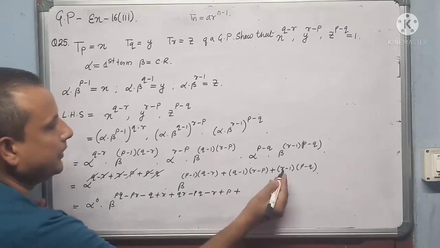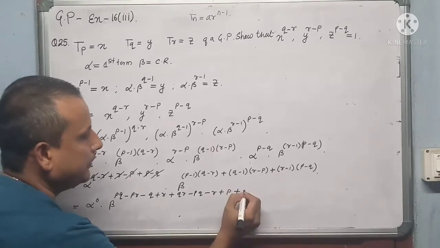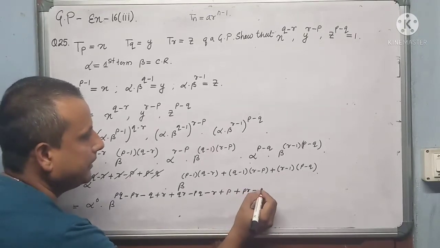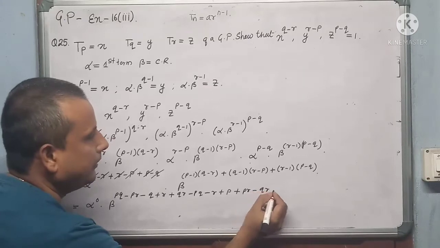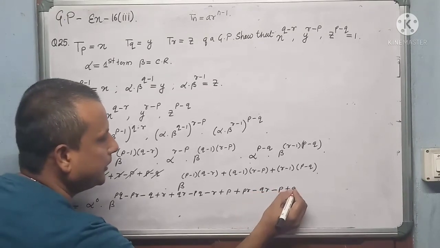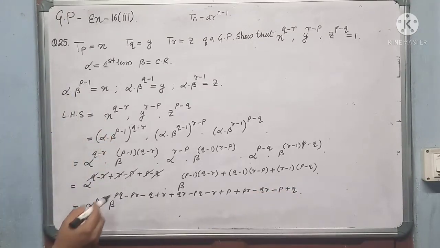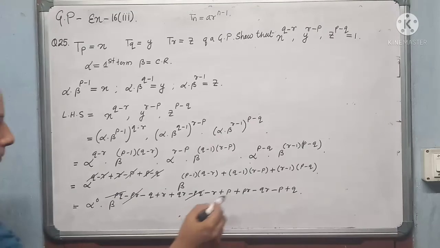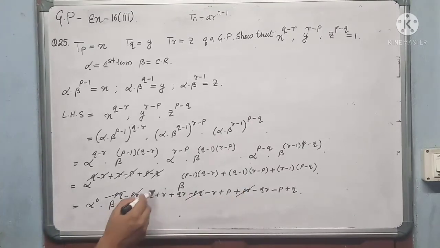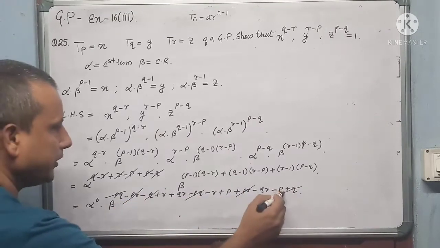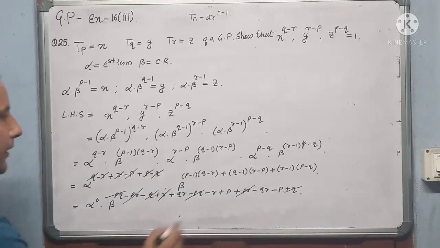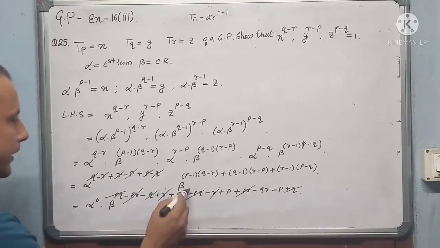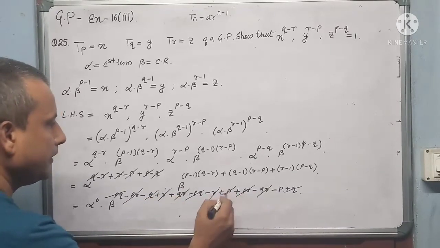Similarly, these two quantities: pr minus qr minus p plus q. Now over here also, positive pq and negative pq cancel, negative pr and positive pr, negative q and positive q, positive r and negative r. So we can cancel everything over here.